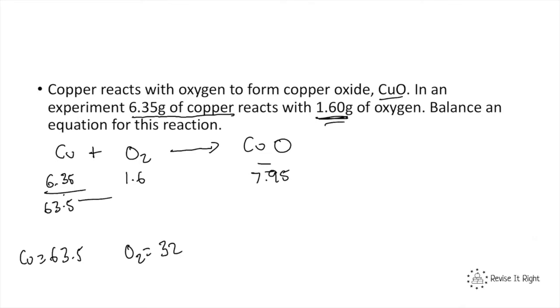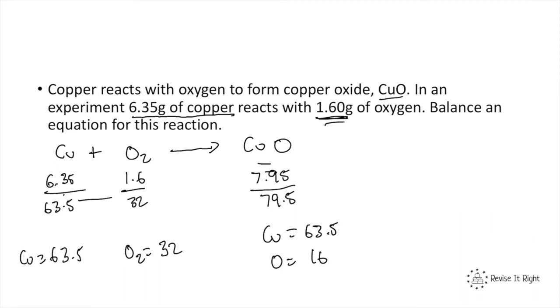So again, because it's just O2, we can write that underneath our mass. And copper oxide, we've got Cu, which is 63.5, and then O, just one oxygen, is 16. And to work out the total Mr, of course, we just add them together. So 63.5 add 16, and we get 79.5, and we're going to write that underneath here.